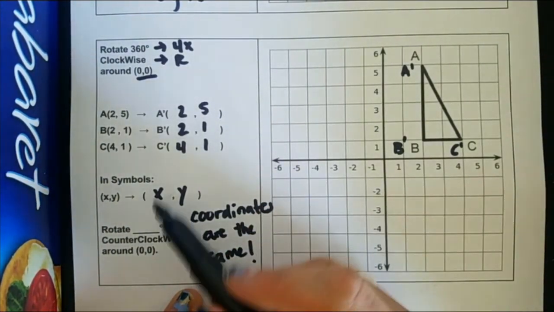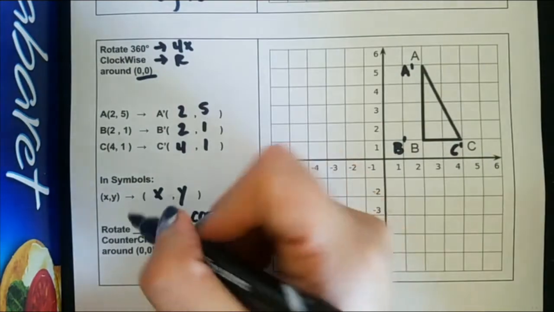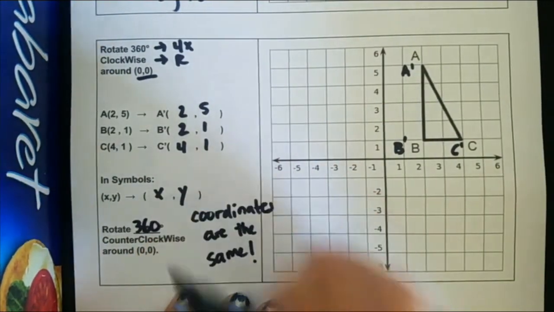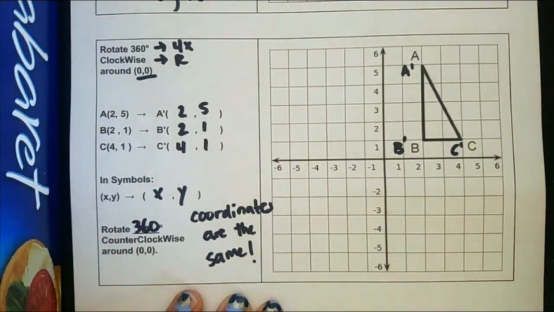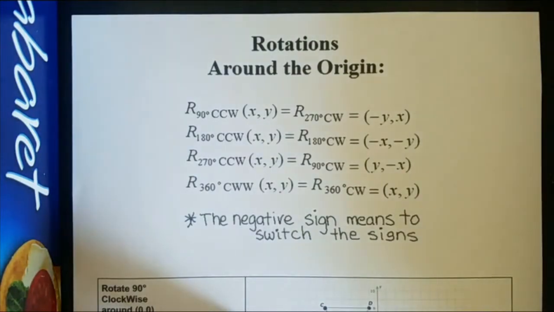As a reminder, rotating 360 degrees clockwise is the same as rotating 360 degrees counterclockwise. So if we put all the patterns we found together, it would look something like this. There is a link in the YouTube video description to get to this exact same page.